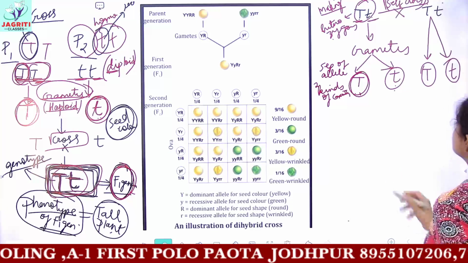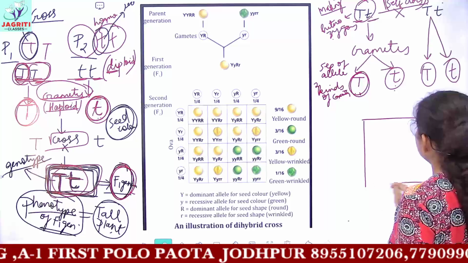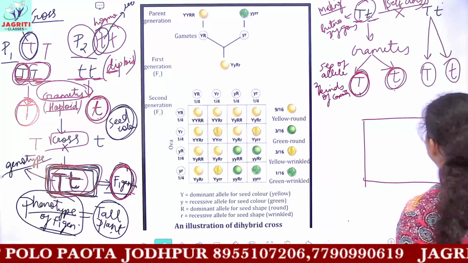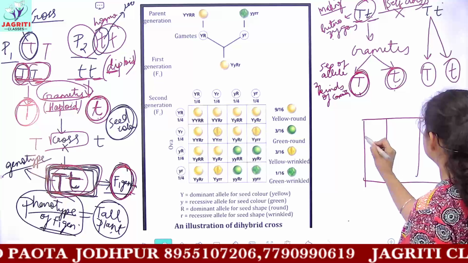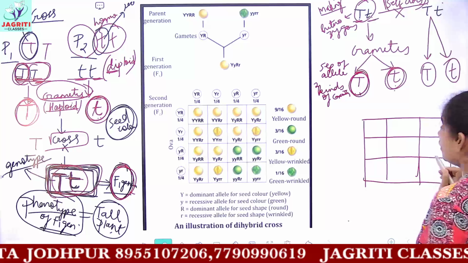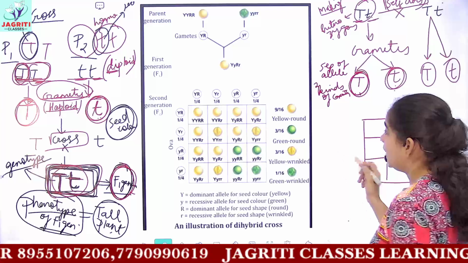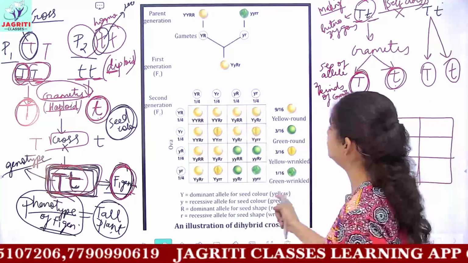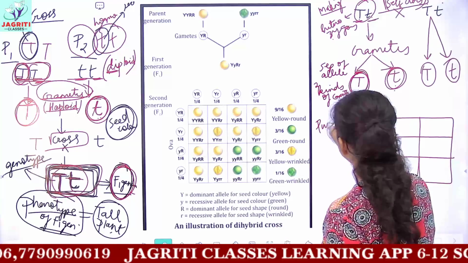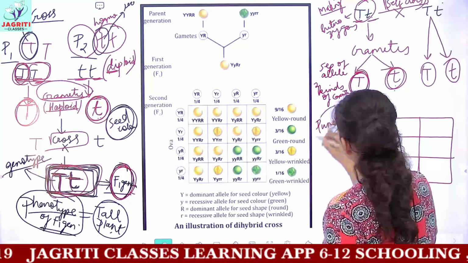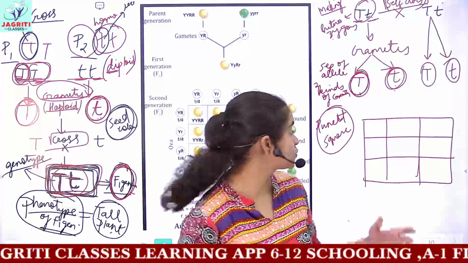After formation of gametes from the F1 generation, you have to find the F2 generation. For finding the F2 generation, we use a square. For a cross like this you use a square, and this is known as the Punnett square.